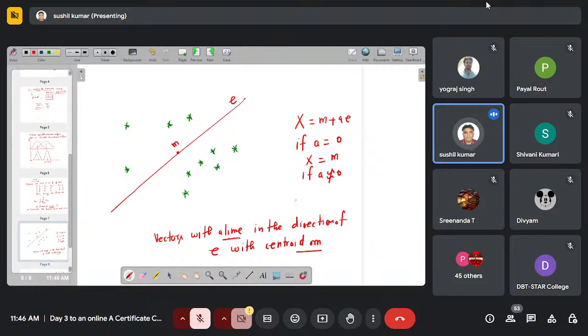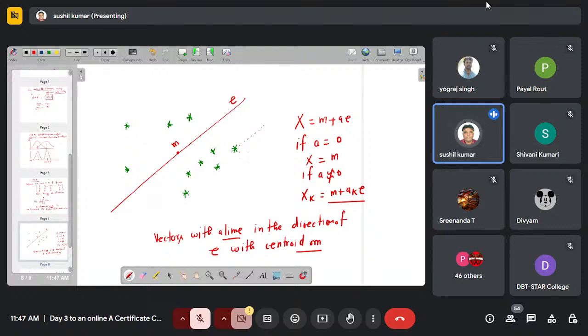different points on the line are like x of k is equal to m plus a k e. Okay, different point. So suppose you are here in this feature vector, so you can draw a line here like this. So that line will be m plus ake.